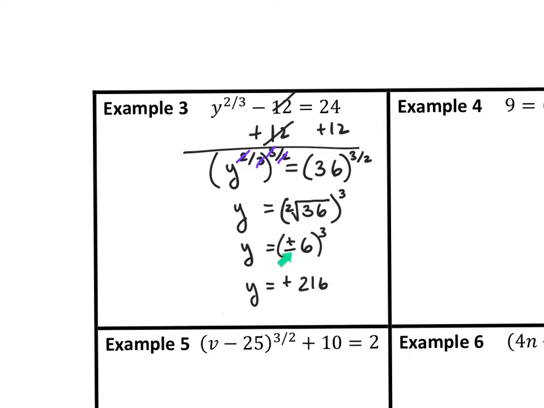And then what's negative 6 times negative 6 times negative 6? What's a negative times a negative times a negative? That's going to be a negative, and it's going to be 216. So I have two answers here. I have positive 216 is one answer, and negative 216 is my second answer. Okay?